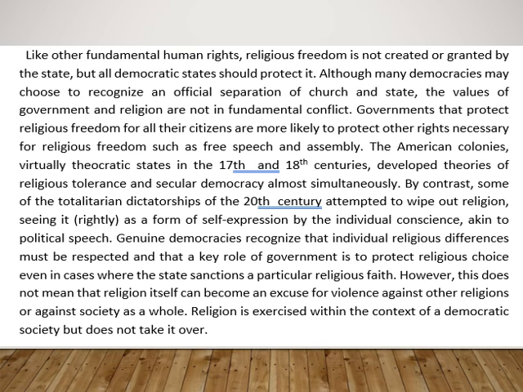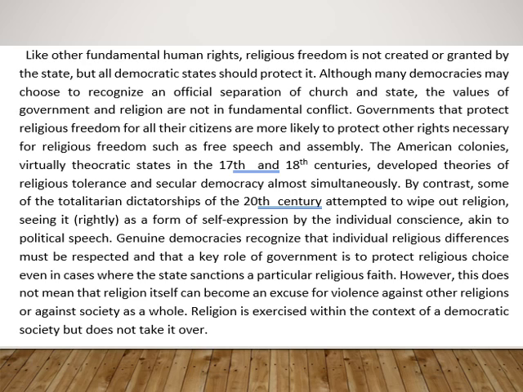Like other fundamental human rights, religious freedom is not created by the state, but all democratic states should protect it. Although many democracies may choose to recognize an official separation between religion and the state, the values of government and religion are not in fundamental conflict.